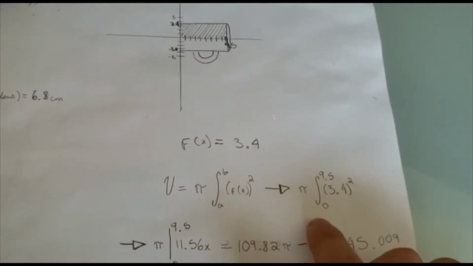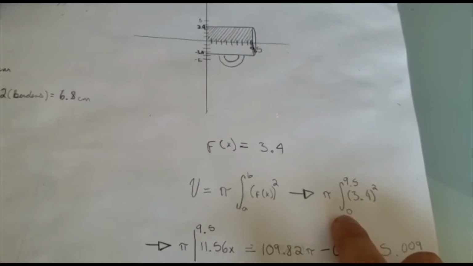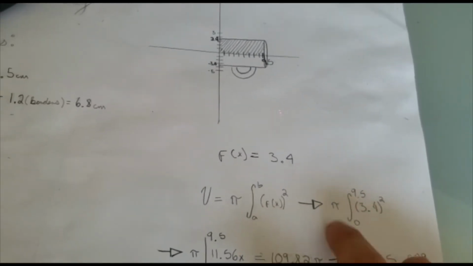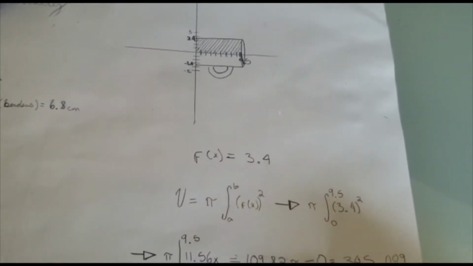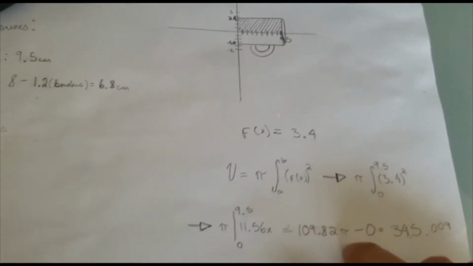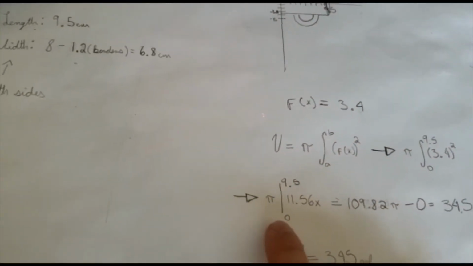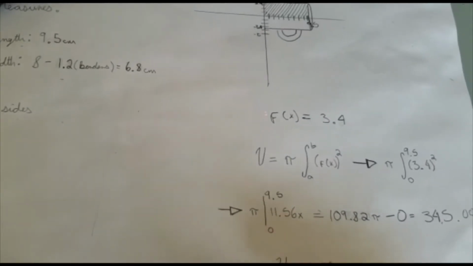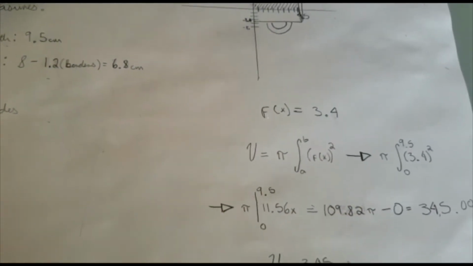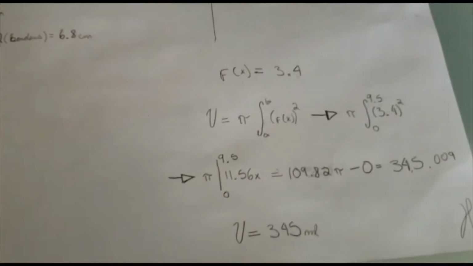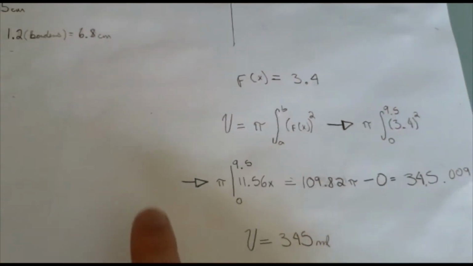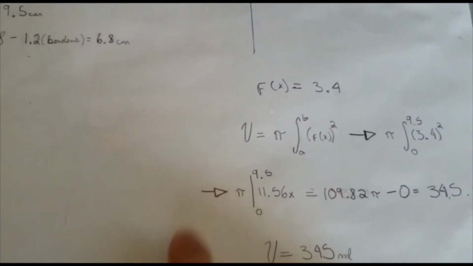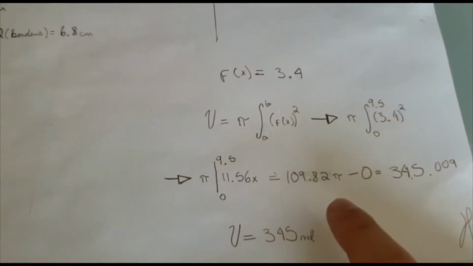Then we substitute with our values, which are initial value 0, final 9.5, then our function squared. We simplify this into this one, which is the integral.